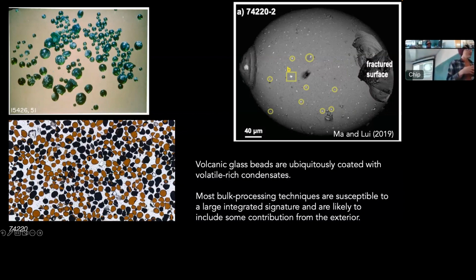So in the sense of a large integrated signature, grouping all these beads together and assuming they're all the same, as well as the fact that the vast majority of their volatile inventory exists on their exteriors as coatings, most bulk processing techniques are sensitive to these other phenomena.